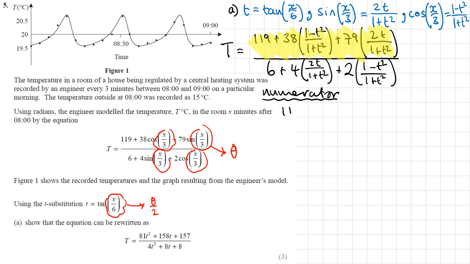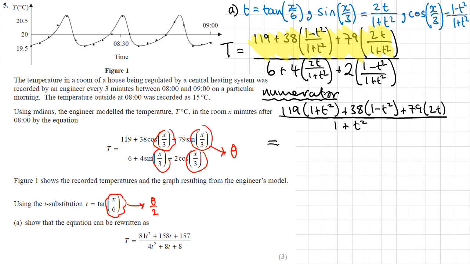So I'll have 119(1 plus t squared) plus 38(1 minus t squared) plus 79 times 2t, all over 1 plus t squared.